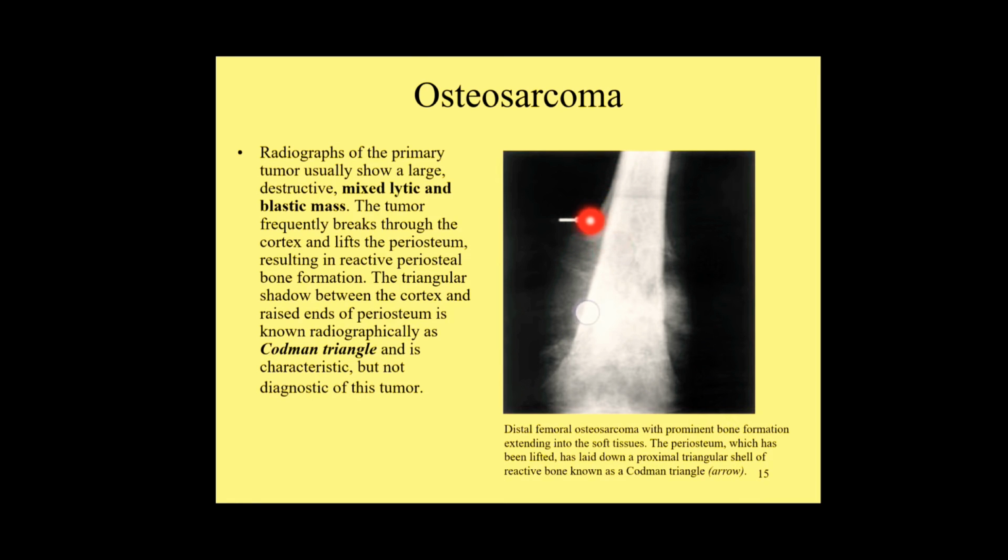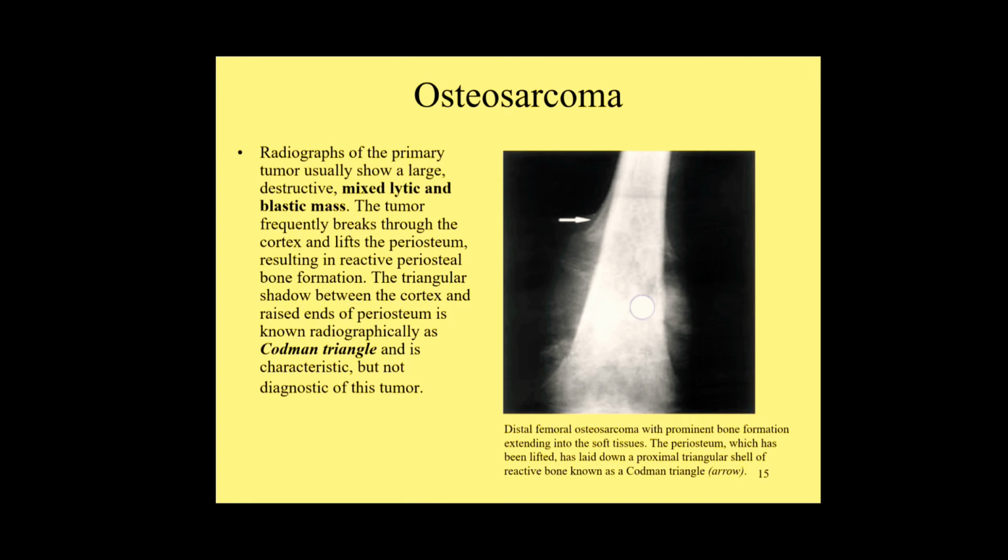Okay, all three sides, can you see? So this is the triangular shadow created between the cortex and the raised end of the periosteum, and this is the tumor. So the triangle is called Codman's triangle. This is characteristic of osteosarcoma, but it is not diagnostic. If present, it gives a great clue to the diagnosis.